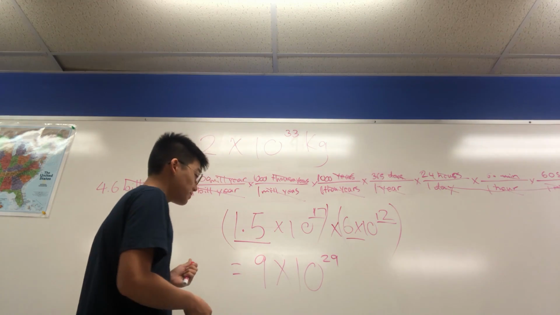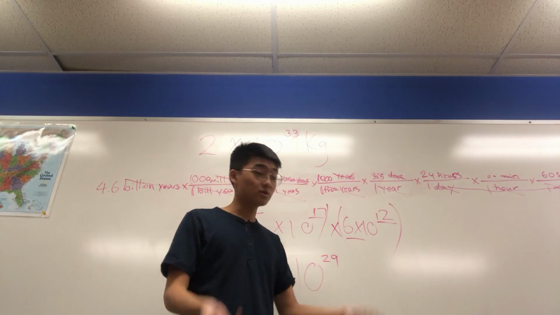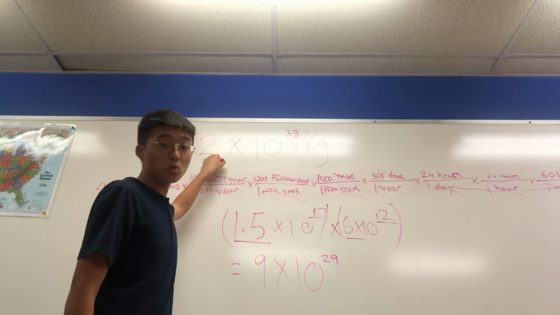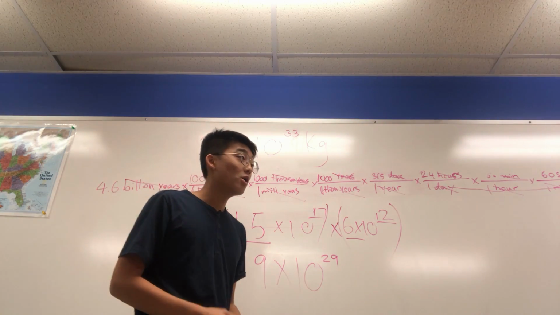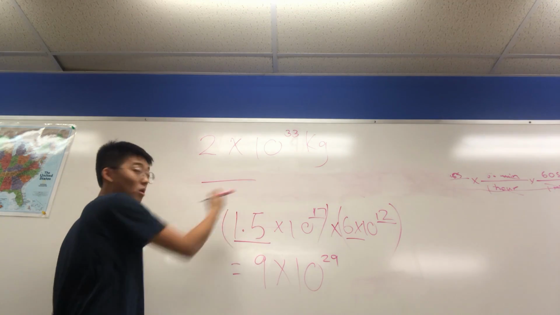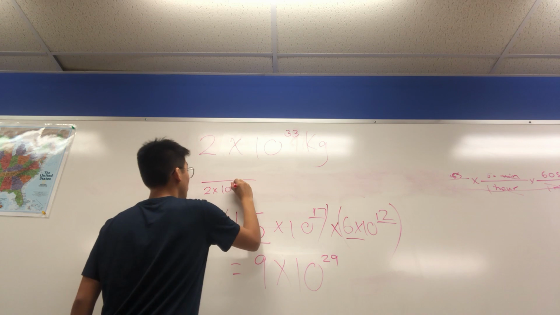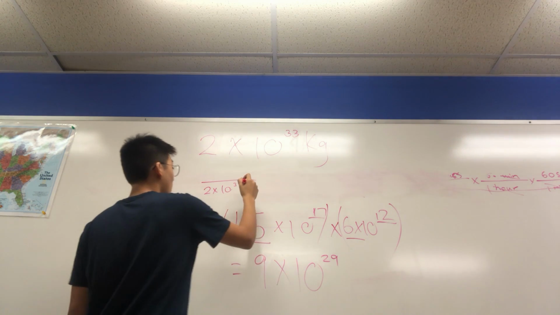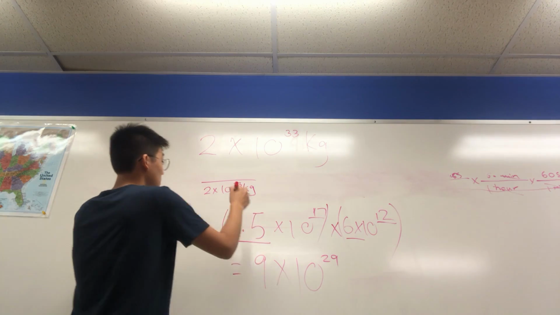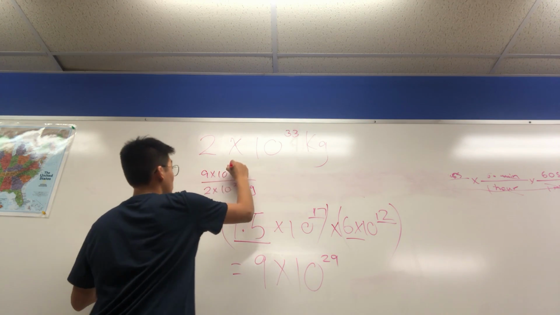So, in order for us to visually perceive how much this number means to the total weight of the sun, we can do a percentage of the total mass of the sun, which is 2 times 10 to the 33 kilograms, to the mass that it has lost, which is 9 times 10 to the 29th.